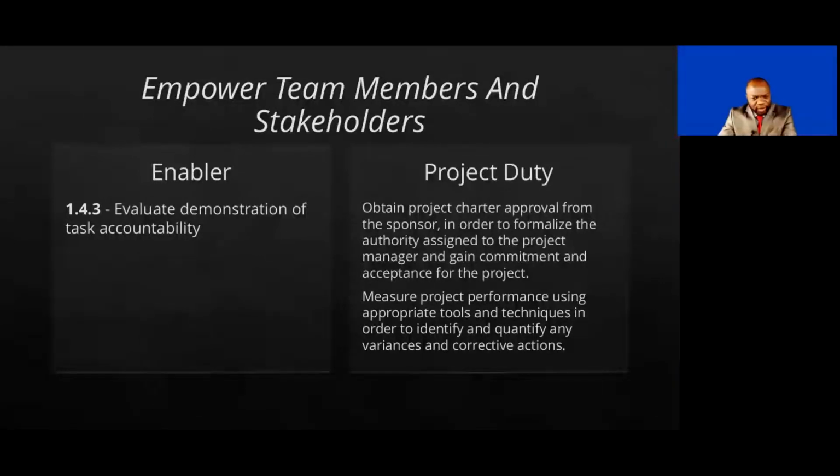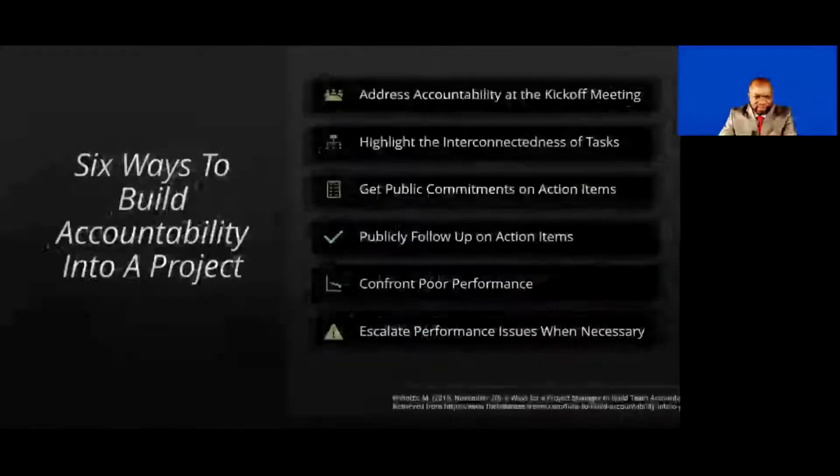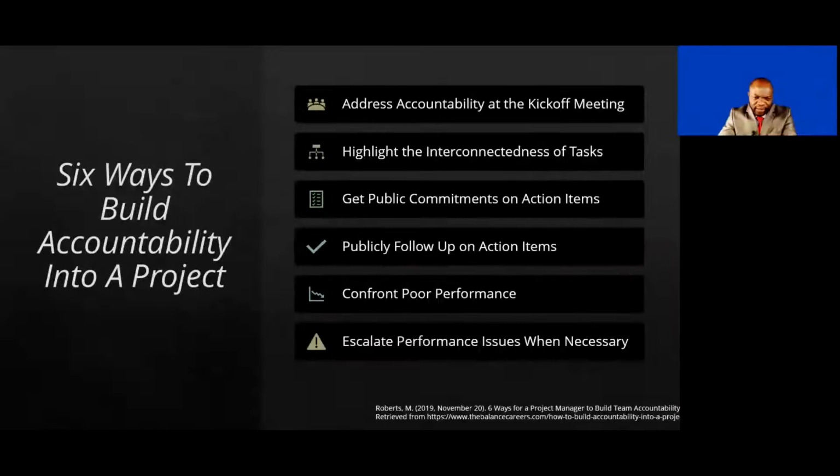Just as a quick overview, there are 6 ways you can build accountability into a project. Address accountability at the kickoff meeting, highlight the interconnectedness of tasks, get public commitment on action items, publicly follow up on action items, confront poor performance, and escalate performance issues when necessary.